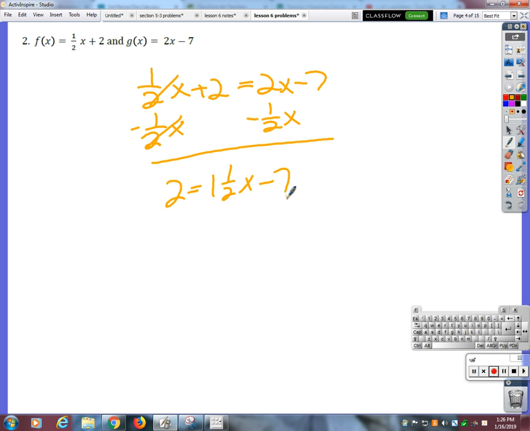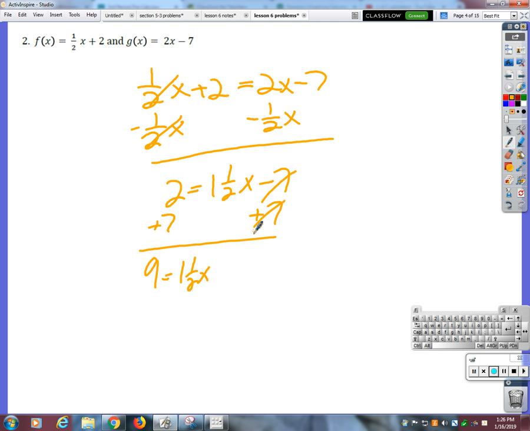So the first thing Matthew said is the same thing that Weston did with the other one. We're going to get the x result. So 2x minus half of an x is 1.5 x's, right? So now we've decided to get all the x's on the right, so we need to get all the numbers on the left. So we're going to add 7 to both sides. So 2 plus 7 is 9.